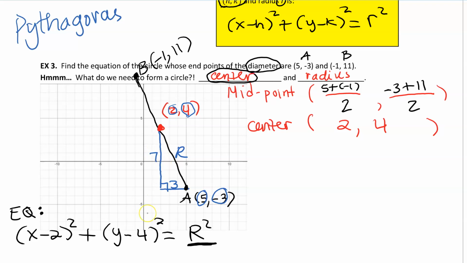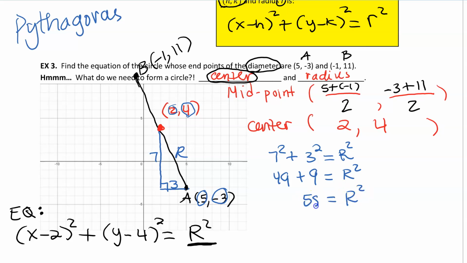Or you can just count, and you can see that that's 7. So 7 squared plus 3 squared equals radius squared. Now, 7 squared is 49, 3 squared is 9, equals radius squared. So radius squared is 58.